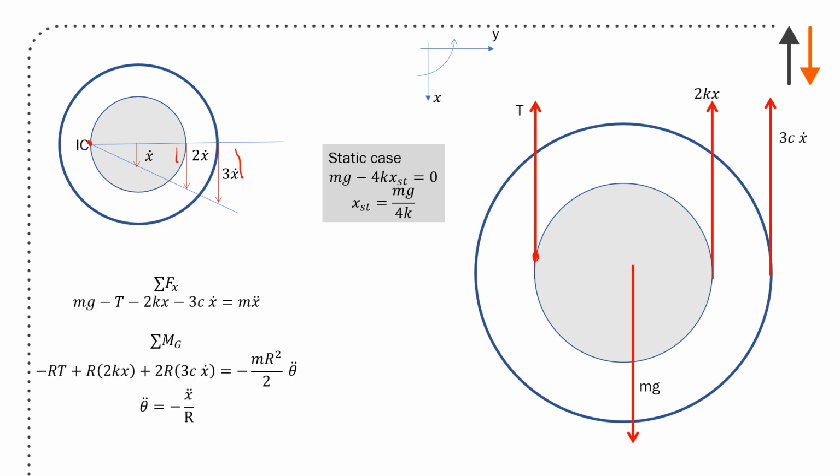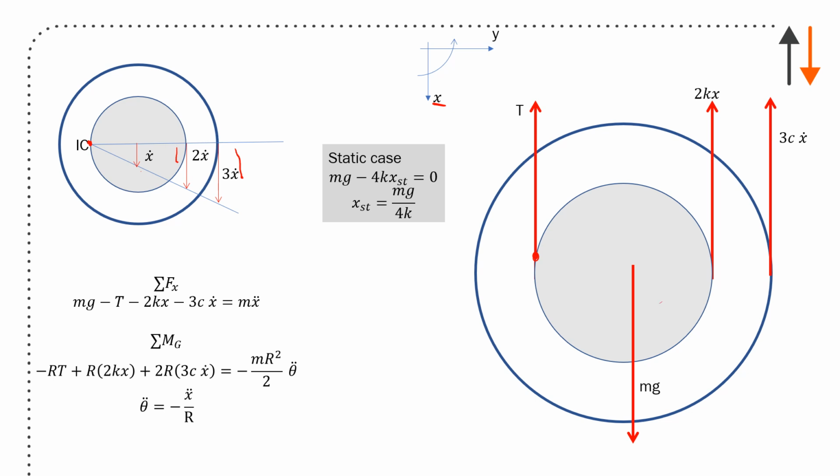Substitute in terms, remember that x is defined a little bit differently in here. It still follows the right-hand rule, which is always a good thing to do. It's mg, down as positive, minus T, which is acting upwards, minus 2kx, minus 3c x dot equals m x double dot. For the other terms, you have everything for moments about G.